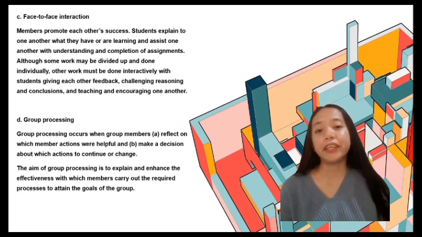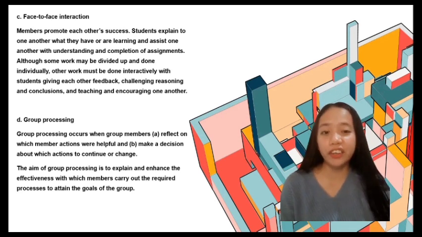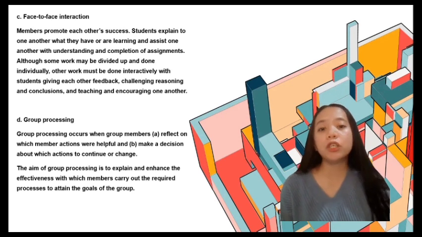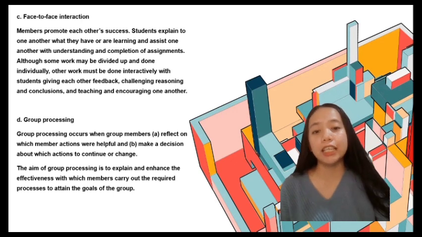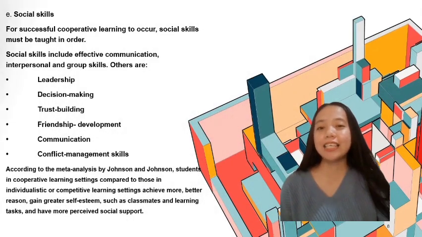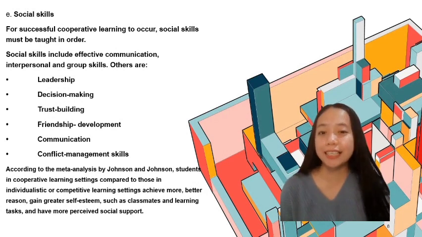After completing their task, students must be given time and procedures for analyzing how well their learning groups are working and how well social skills are being employed. Group processing involves both task work and teamwork with an eye to improving it on the next project. And last but not the least, the fifth is social skills.